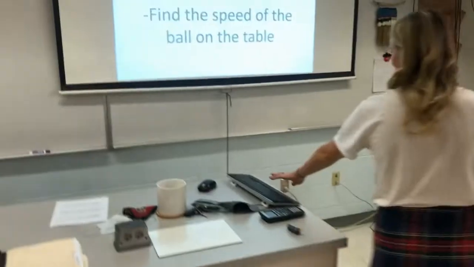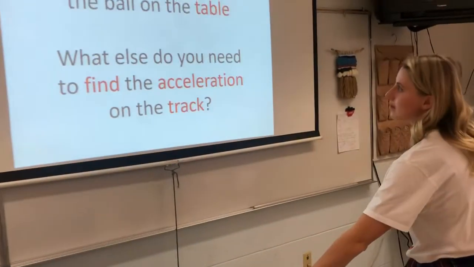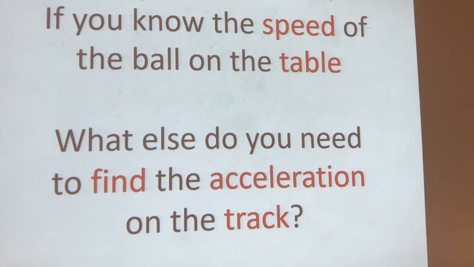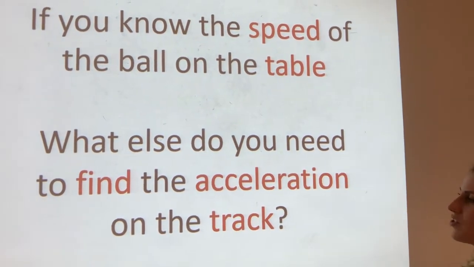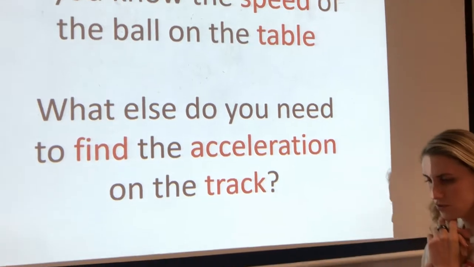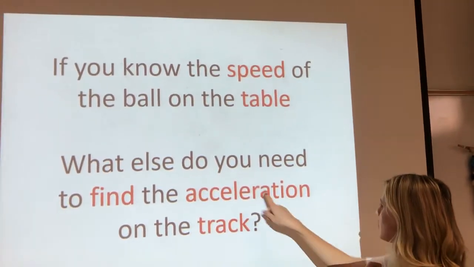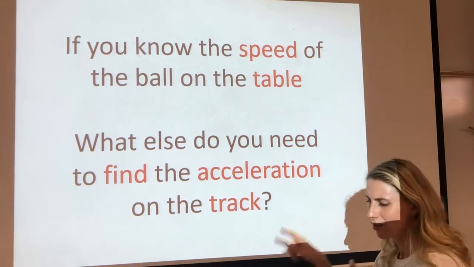All right, so what is next? We know the speed of the ball on the table. What else do you need to find the acceleration on the track? So we know the table. We're trying to figure out the acceleration of the track.